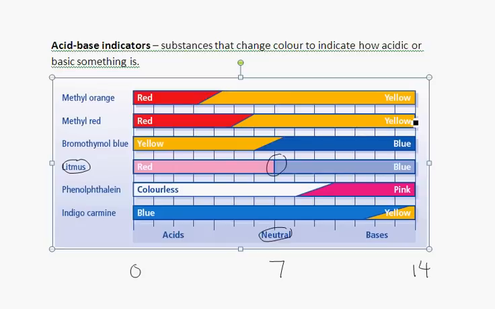Okay, now you might want to be more specific because that's quite a large range. So a typical question you might get is, let's say you had an acidic solution and you wanted to get the approximate pH. You use two different indicators, methyl orange and methyl red.